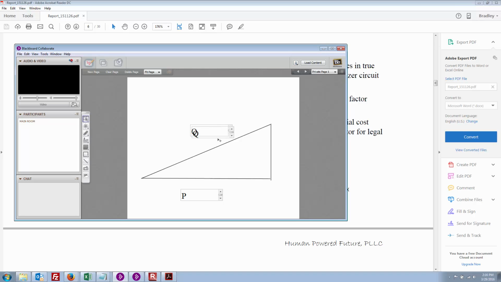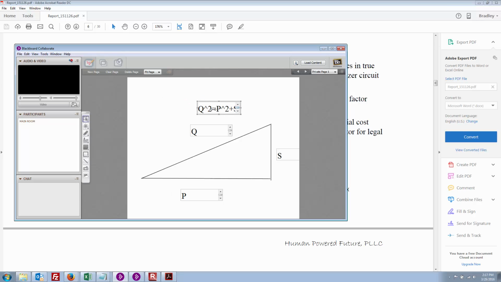So the third leg of the triangle is reactive power, and we call that S. Okay, and so we know from the Pythagorean theorem that Q squared, and I'm just going to use the arrows here, so Q squared equals P squared plus S squared.